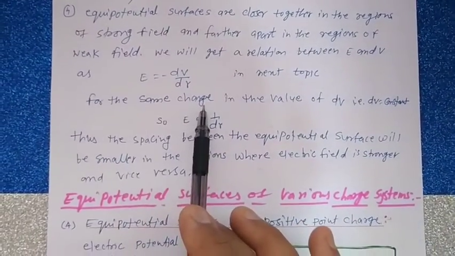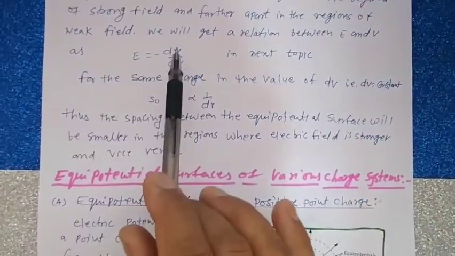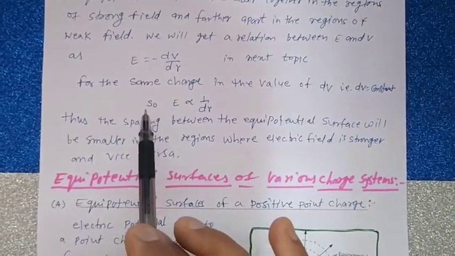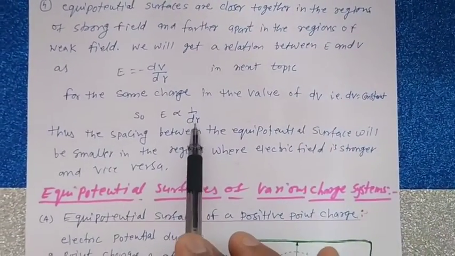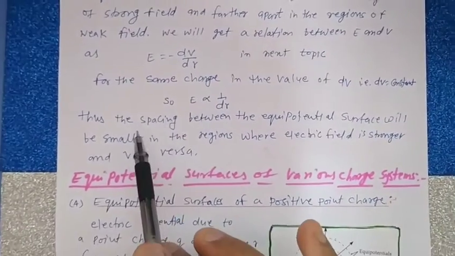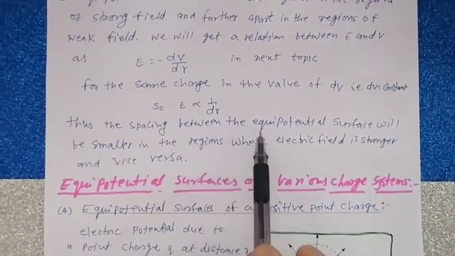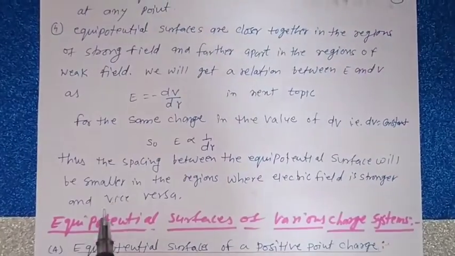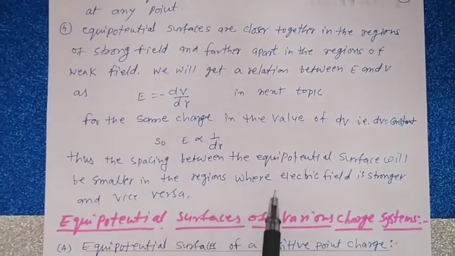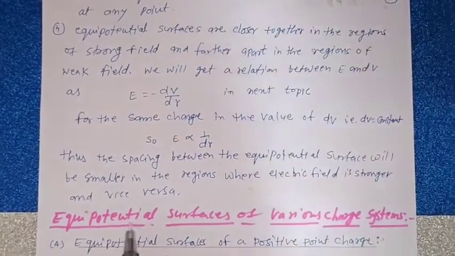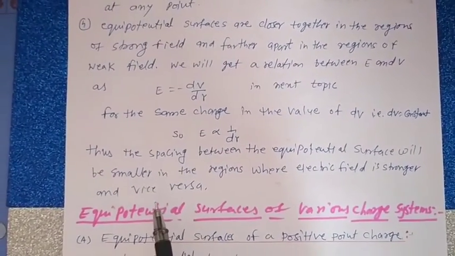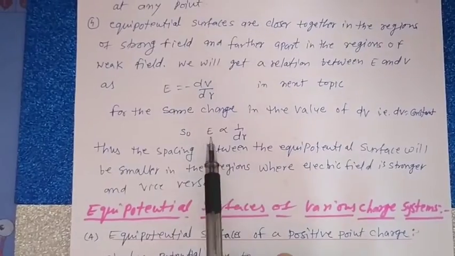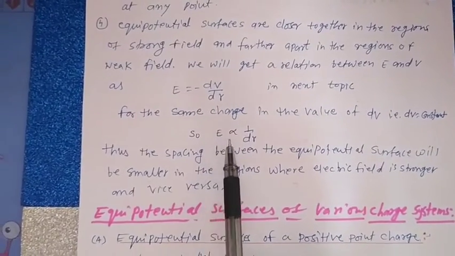So for the same change in value of dV, if dV is constant, then we get E proportional to 1 upon dr. So if dr is less, the electric field is most. The spacing between the equipotential surfaces will be smaller in the region where the electric field is stronger, and vice versa, meaning if the space between equipotential surfaces is more, then the electric field will be less.